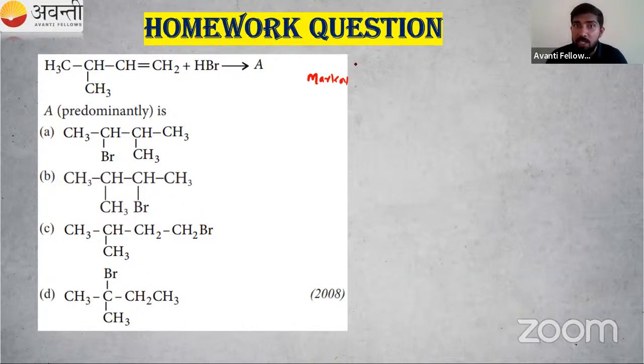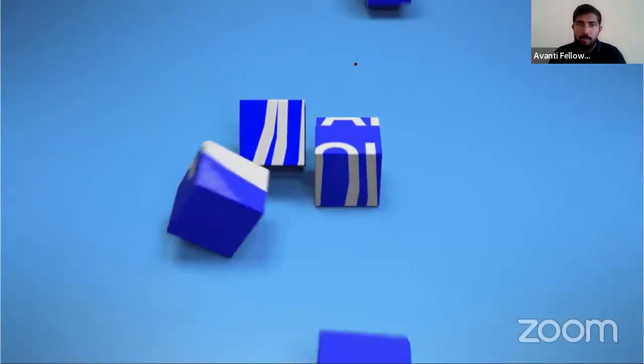We have discussed hydride shift, 1,2 hydride shift. Why? To attain a more stable carbocation. So you have to write the mechanism and find the product. In between, there will be an intermediate. So you have to check the stability. If some rearrangement is possible, you have to do that. Why? To get the more stable carbocation. So that is a homework question for you, right? Based on Markovnikov's rule, you have to do this one.